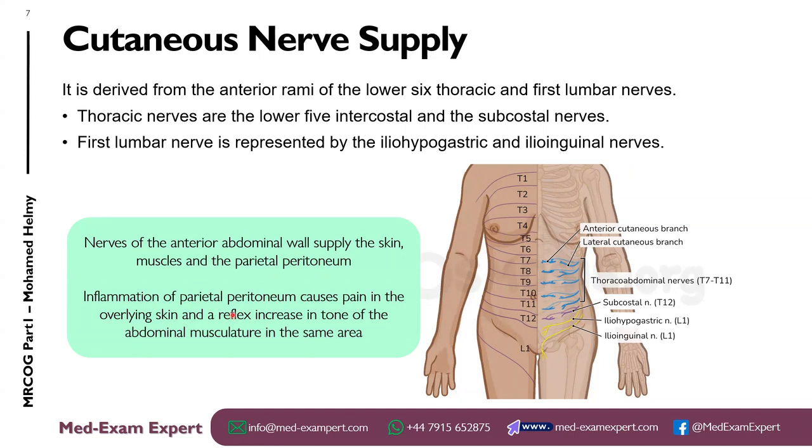That's why patients who have peritonitis have a rigid abdomen, increased tone of the abdominal musculature, and pain in the overlying skin. That explains why people with peritonitis feel pain in the skin and muscles and have tone and rigidity in their abdomen.